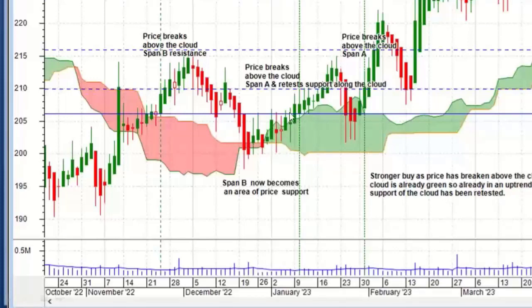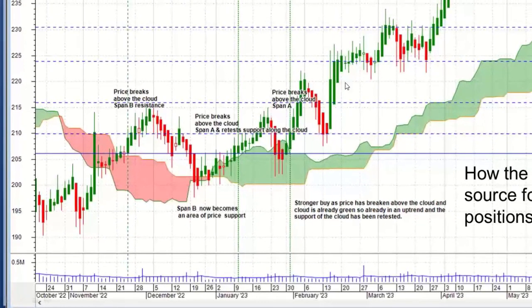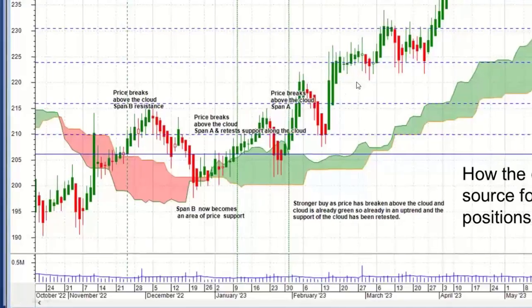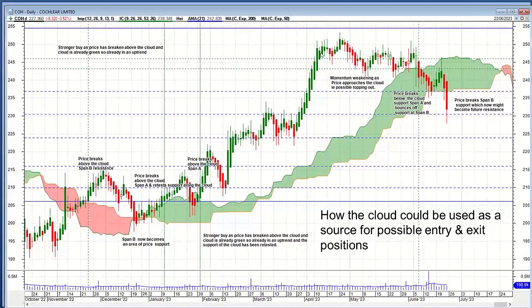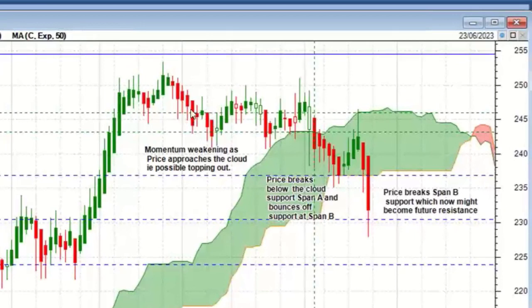We climb up the cloud with a little bit of weak momentum. We drop back in and retest it. And you'll notice major area of support. We bounce back to here, and now we've got more momentum, more strength. We come up here. Again, we start to get some consolidation.